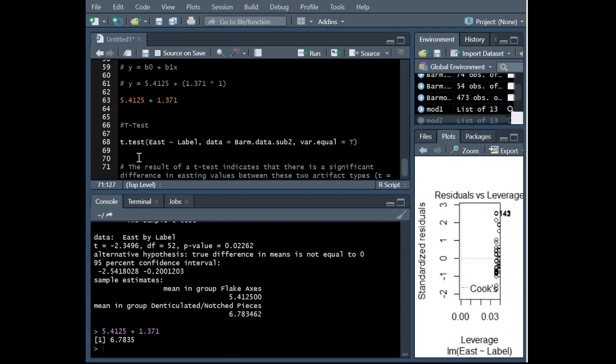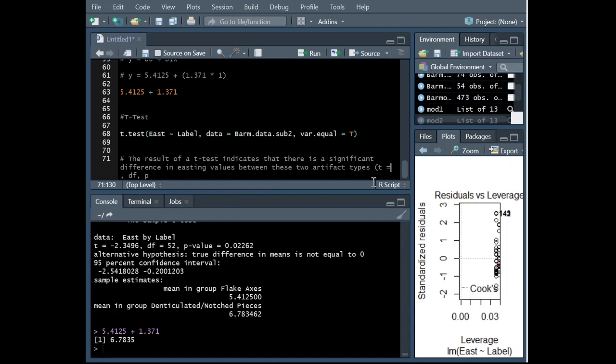A statement like that, and then in parentheses you would say t equals negative 2.3496. Provide your t value that's shown right here in that t-test output.